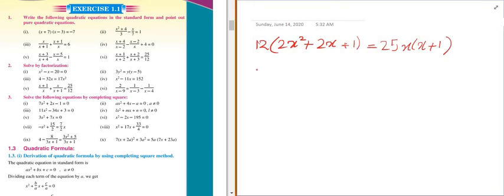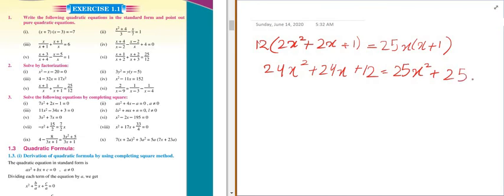Now just multiply these terms. 12 into 2 is 24x square plus 24x plus 12 equals 25x square plus 25x.